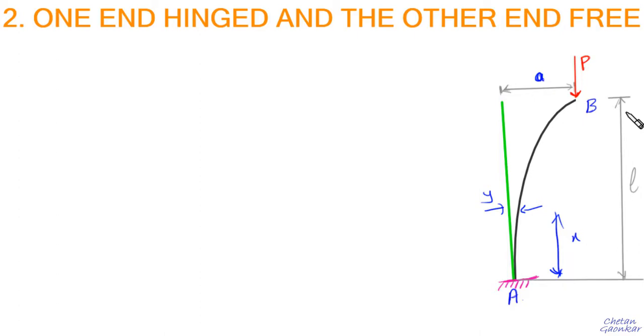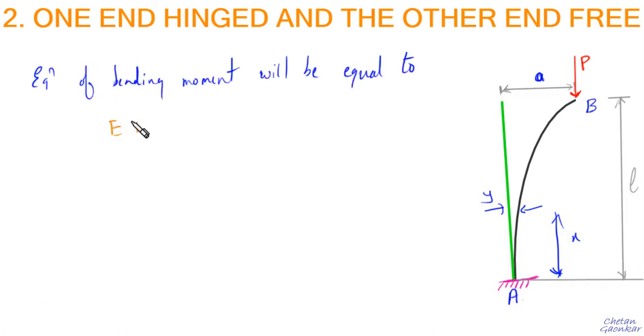Now again we can write the equation of bending moment. In this case the equation of bending moment will be EI d square y by dx square equal to M, as we all know. But in this case the bending moment will be equal to P times (a minus y), where a is the maximum deflection at the free end.